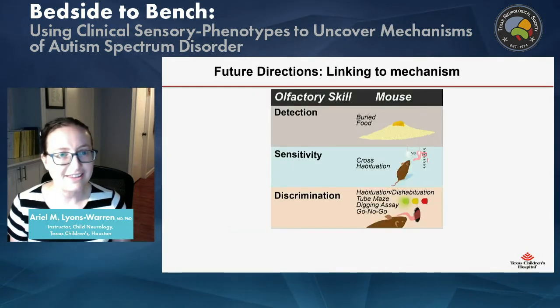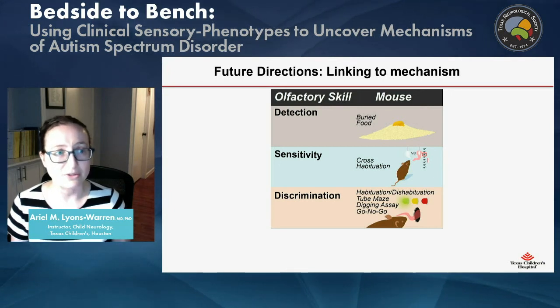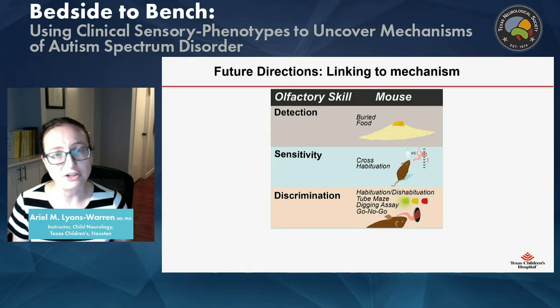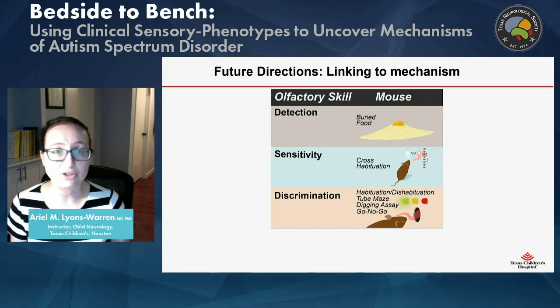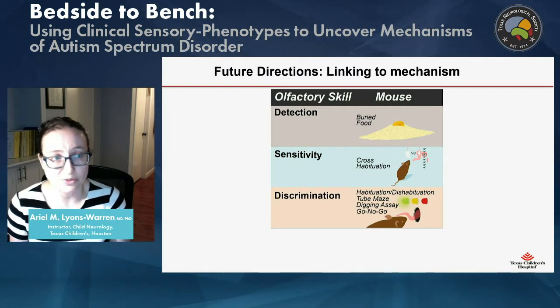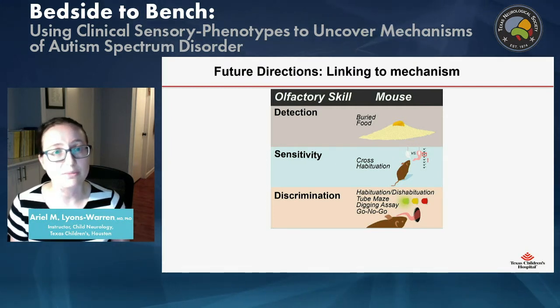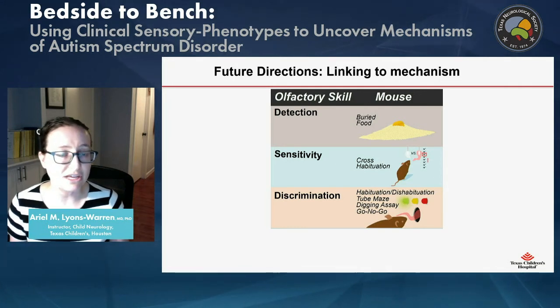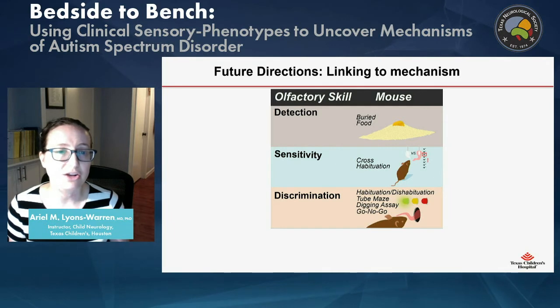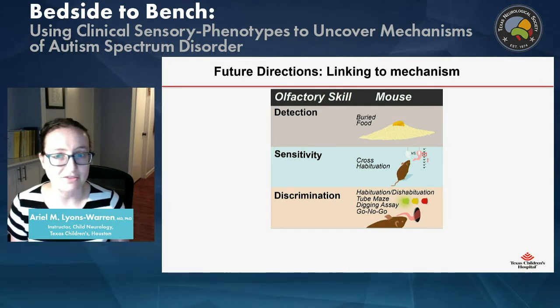And so finally, the thing that is nearest and dearest to my heart is taking this back to mouse models. So this is from a review that we recently did on olfaction in neurodevelopmental disorders. And it's really straightforward and simple to measure sensory processing, such as olfaction, in a mouse model. You can measure odor detection using a buried food assay, odor sensitivity using cross-habituation, and odor discrimination using a variety of tasks.